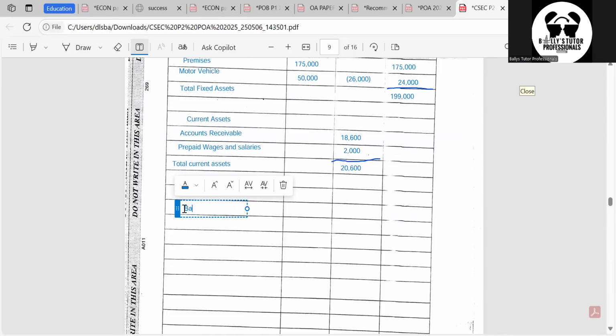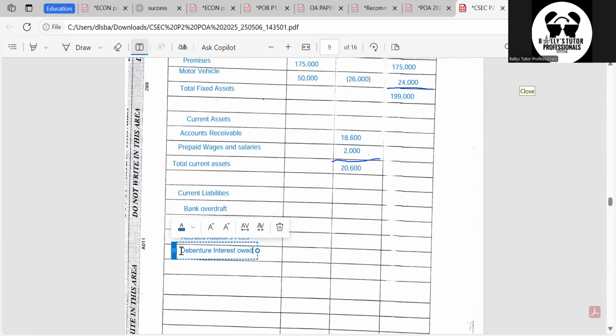We have bank overdraft, the accounts payable, the accrued auditor's fees, and our debenture interest owed.